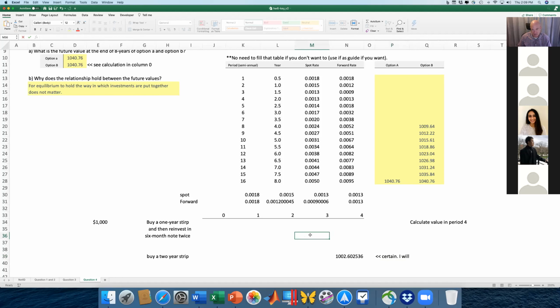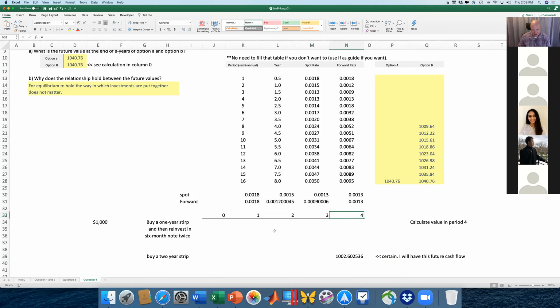All right. The other way I could do this, and actually there's a number of ways I could do this, but I could buy a 6-month note, reinvest, buy a 1-year note, and then reinvest, buy a 1.5-year note, reinvest, buy a 4, which I did down here.